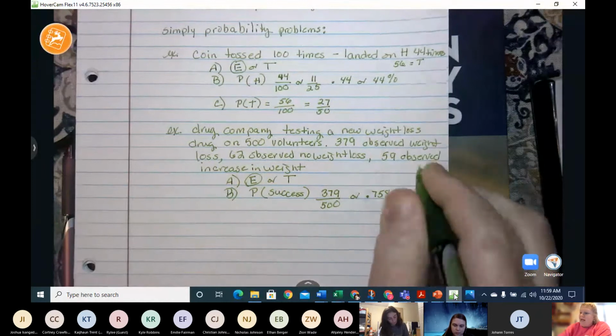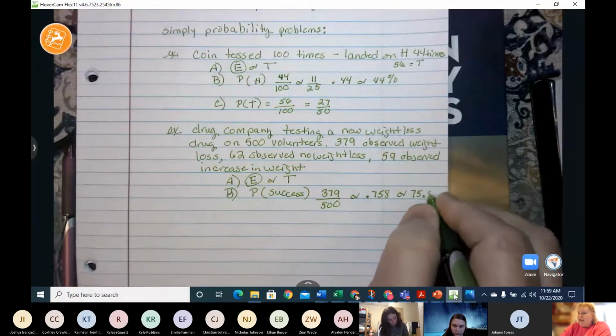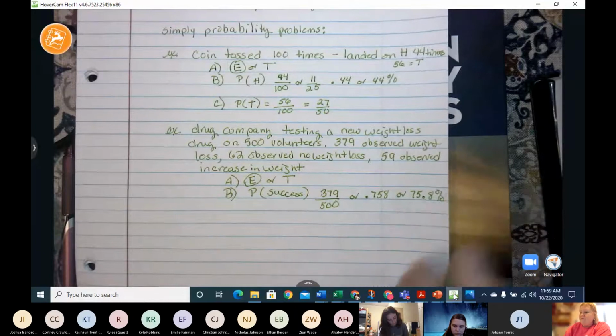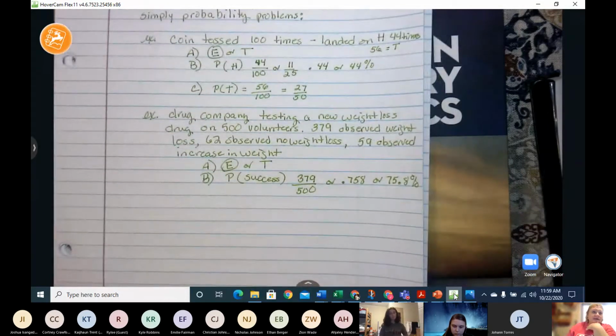And that decimal as a percent would be 75.8%, which makes a little more sense in this particular study. This drug has a 75.8 or 76% success rate, which is pretty good. Excuse me.